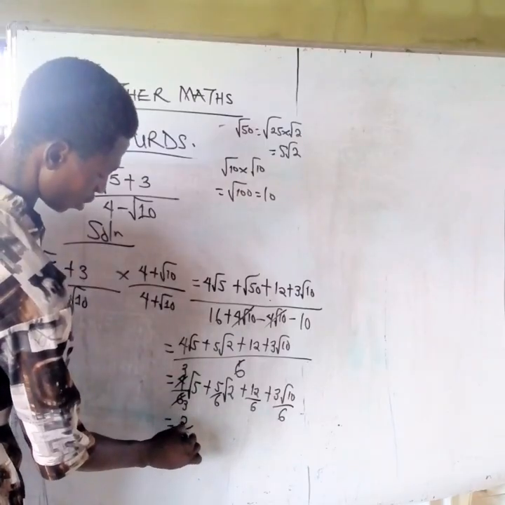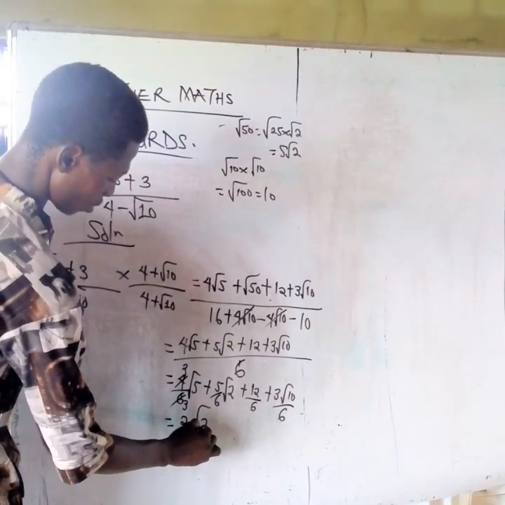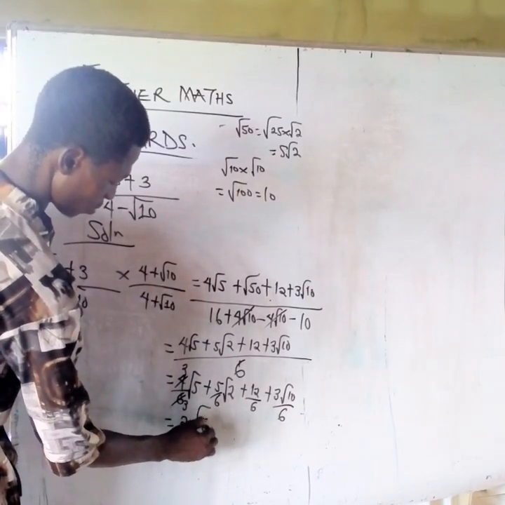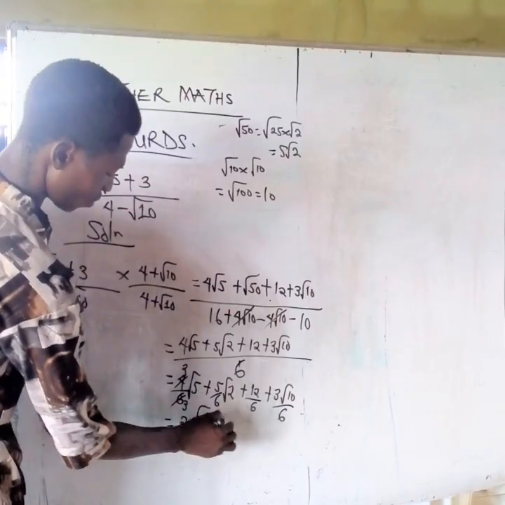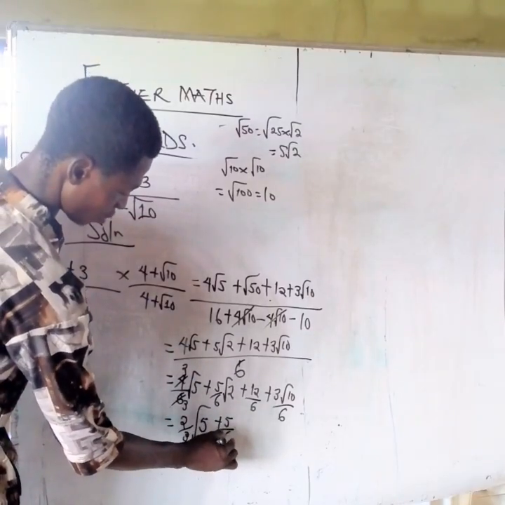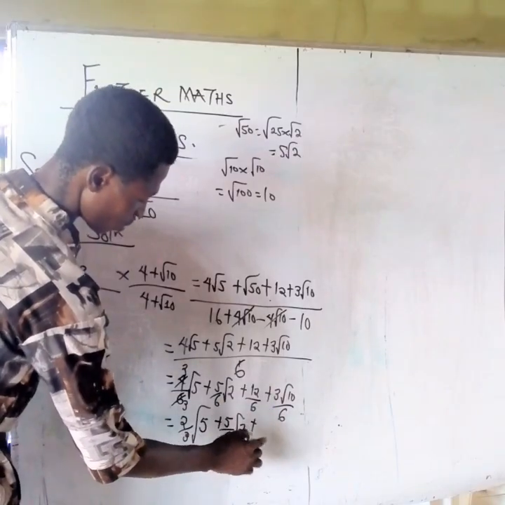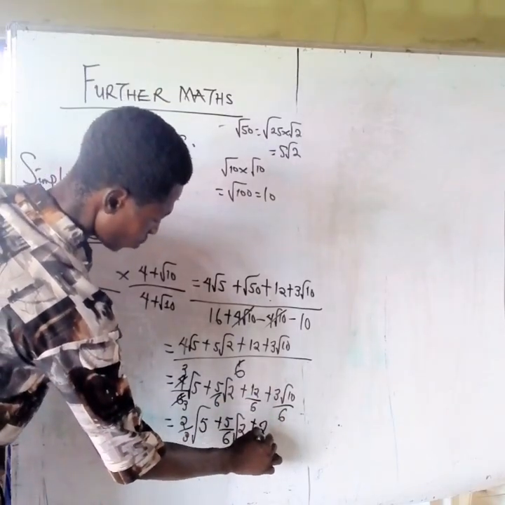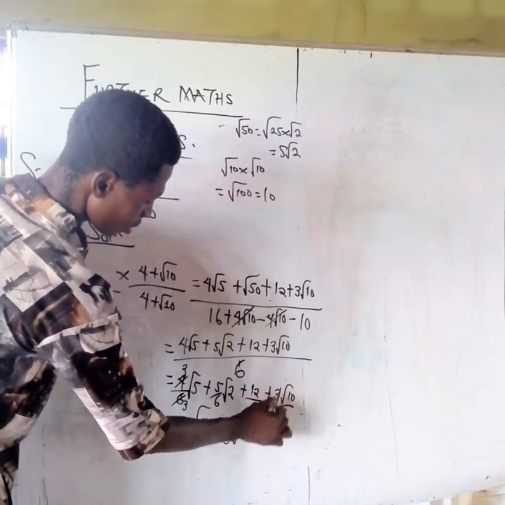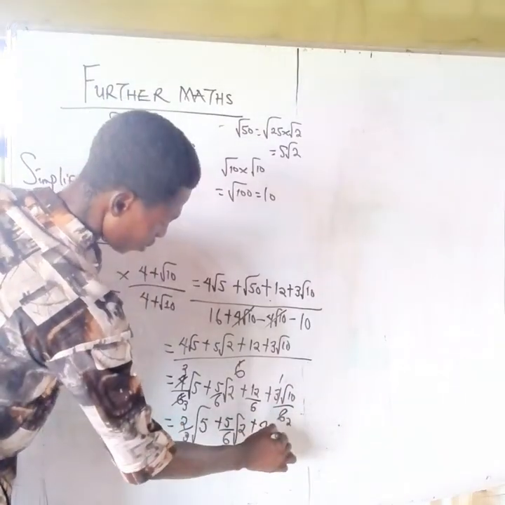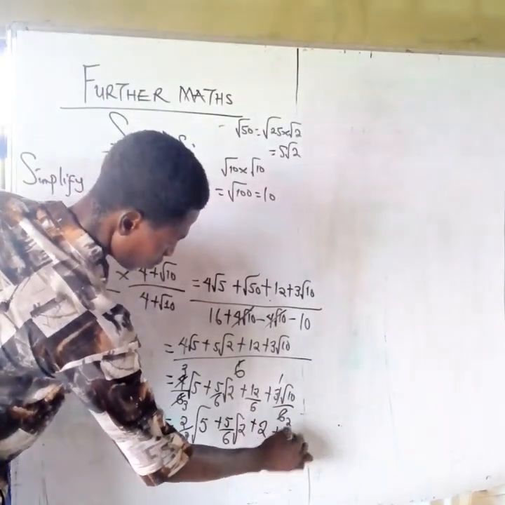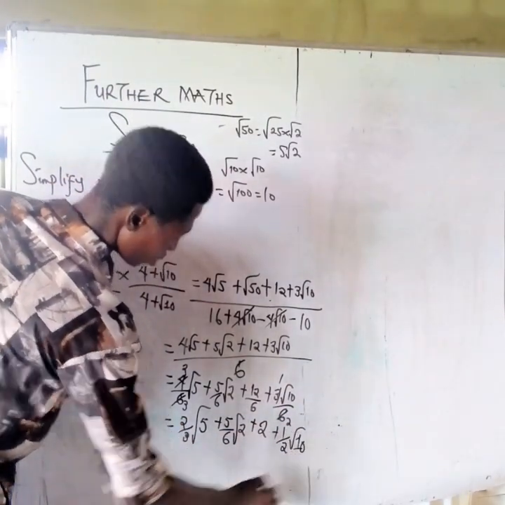So this becomes 2 over 3 root 5, plus 5 over 6 root 2 plus, and this is 2, 3 here, 1 time, 3 is, this is plus 1 over 2 root 10.